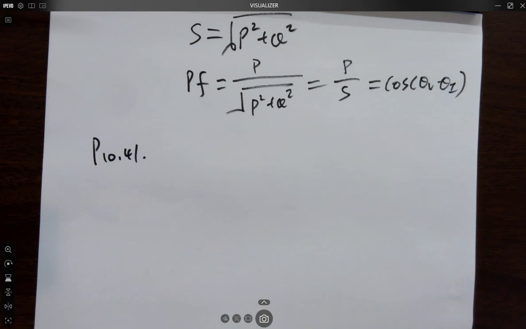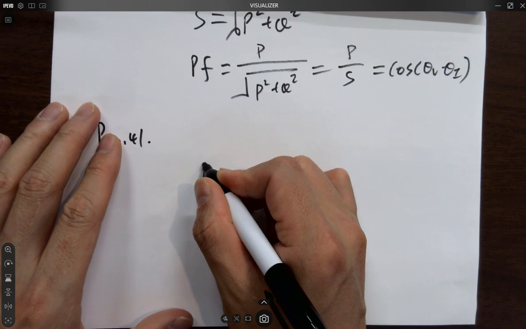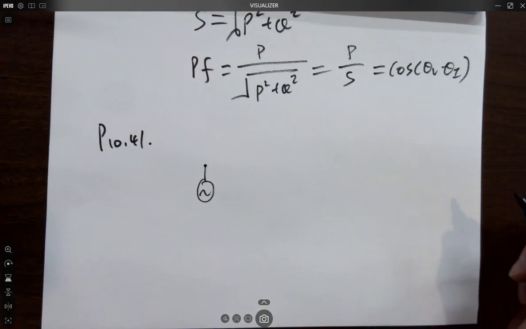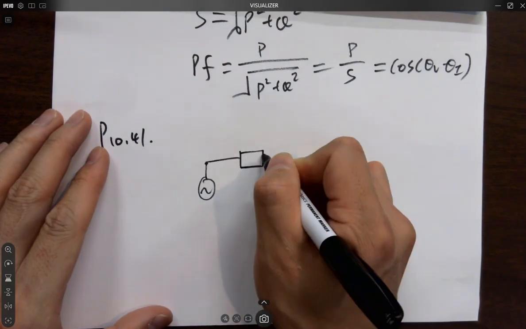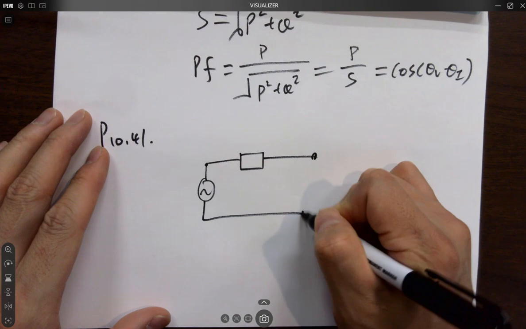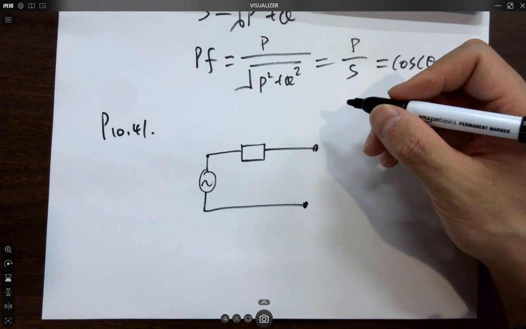Just telling you that if there's no load connected to a circuit, let me draw this for you. No load connected to the circuit. And then it shows a voltage.